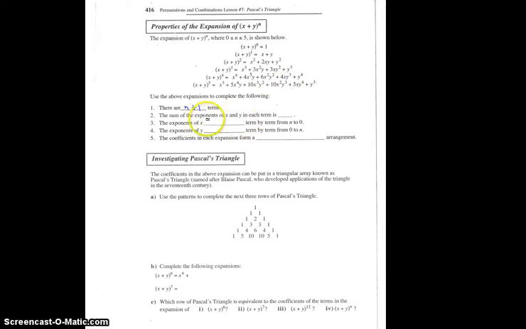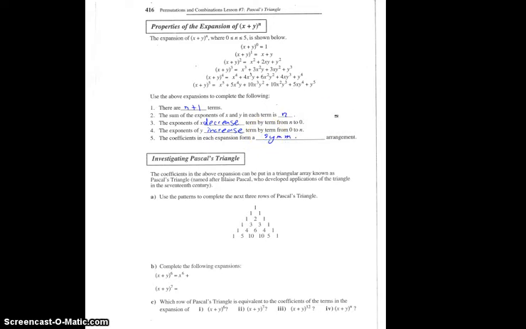The sum of the exponents in each term is n. The exponents on x decrease by 1 all the way from n to 0, the exponents on y increase by 1 term by term from 0 to n, and the coefficients form a symmetrical arrangement.